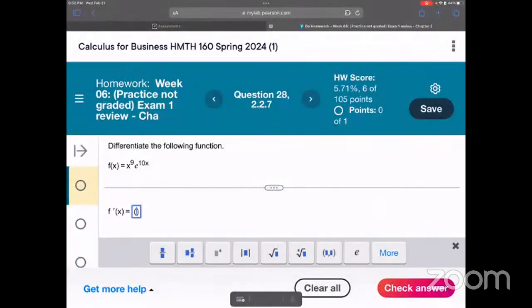The derivative of the second: the derivative of e is itself, times the derivative of the power. It's just going to be 10, okay? So that's the first times the derivative of the second. And then we're going to say plus the second, which is this, times the derivative of the first. The derivative of the first is 9x to the 8.